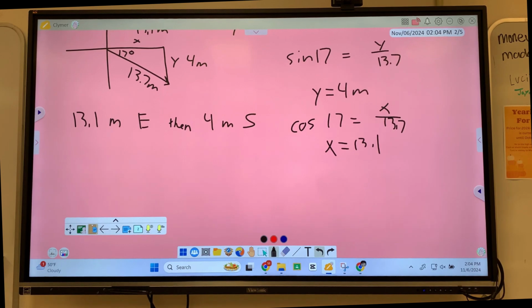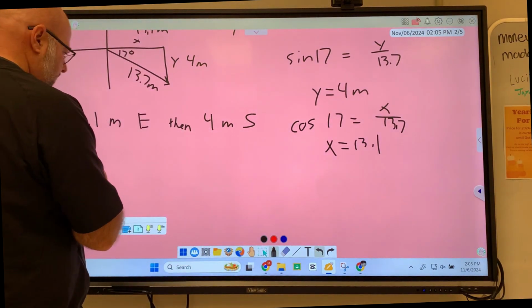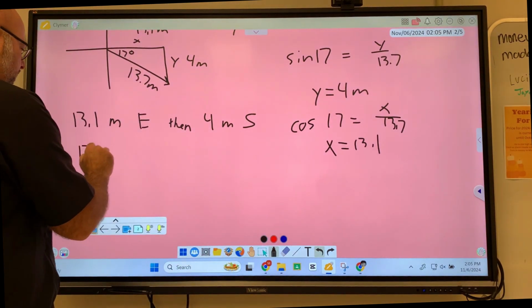Does it matter that you went east then south? Would that make a difference on where you ended up? No. Versus going south first and then east. Would that make any difference, do you think? Yes. I mean, it'd be like east of south instead of south of east.